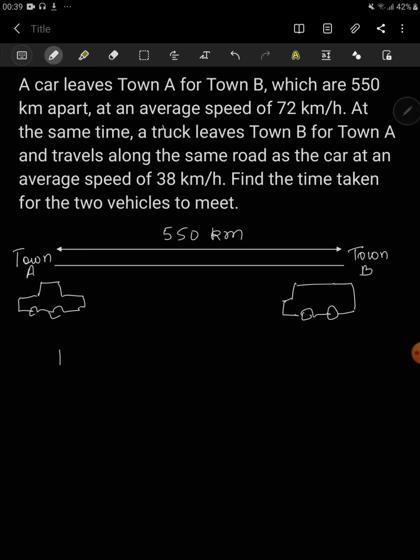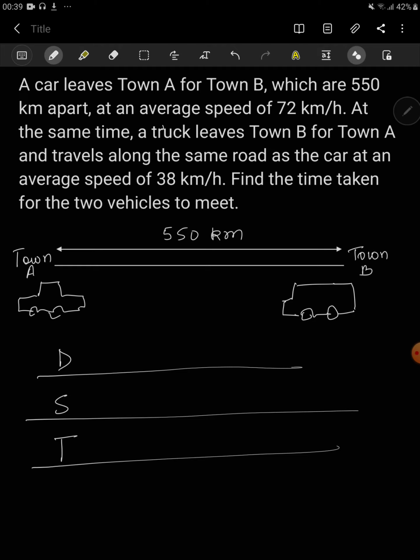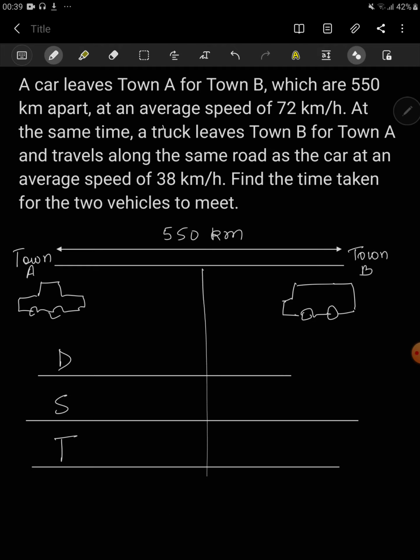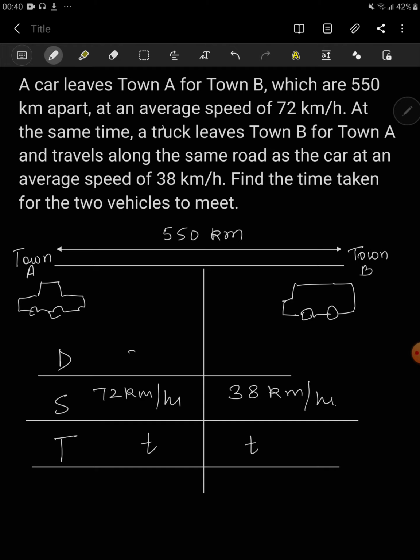So if I am writing D, S, T for these two, here the time taken is T, here also the time taken is T. Speed of the car is given as 72 kilometers per hour, and the speed of the truck is given as 38 kilometers per hour. The distance here, if it is x, it will be 550 minus x.